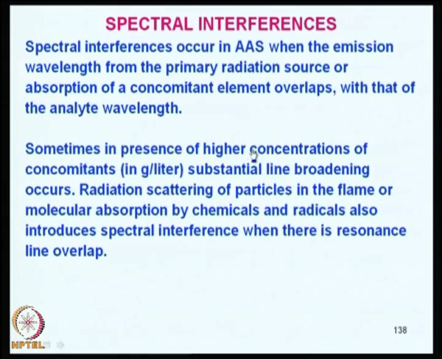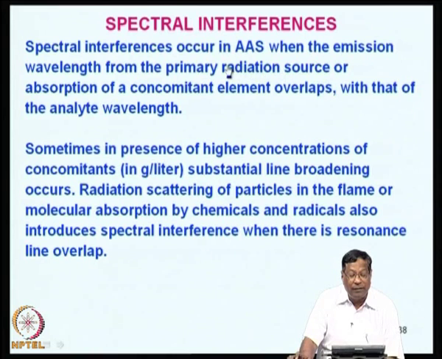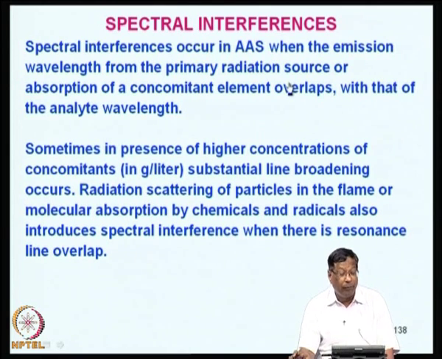For example, in the next slide I am going to show you that spectral interferences in atomic absorption spectrometry occur when the emission wavelength from the primary radiation source and the absorption wavelength from another element present in your sample are the same. Then there is spectral interference. So, sometimes in the presence of higher concentrations, for example, you want to determine gold in seawater.